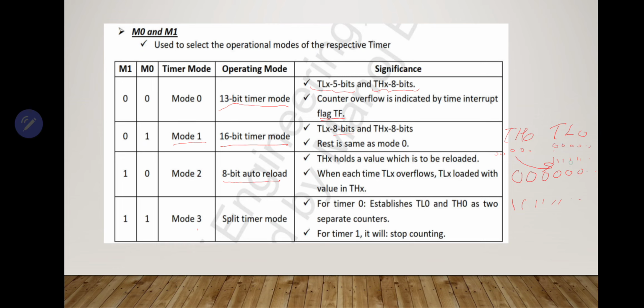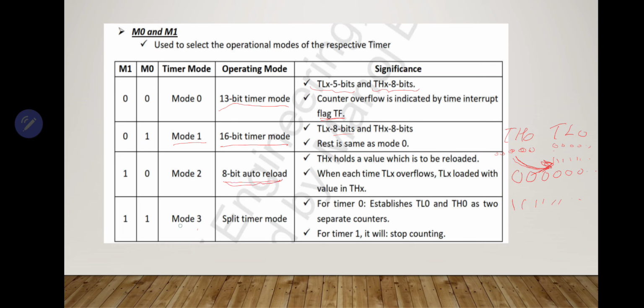TL0 is used for counting and TH0 is used for reloading when it overflows. When TL0 overflows, TH0 contains the value, and after overflow TH0 reloads it. Then it continues its process. This is called 8-bit auto reload.